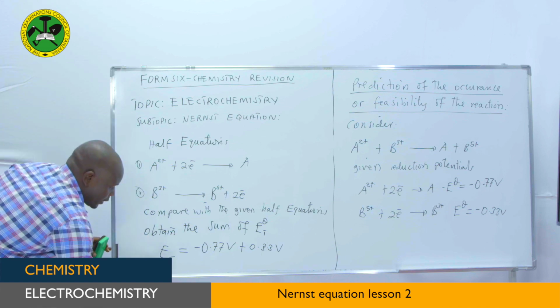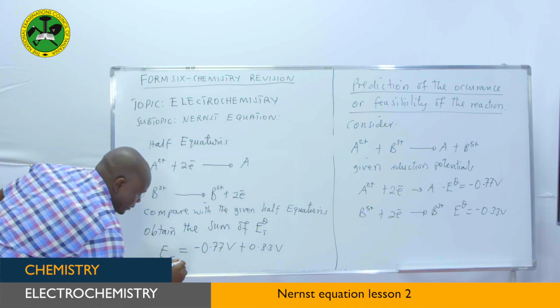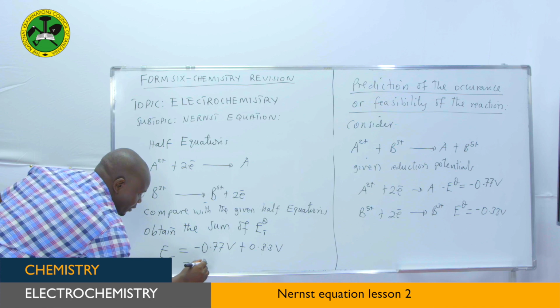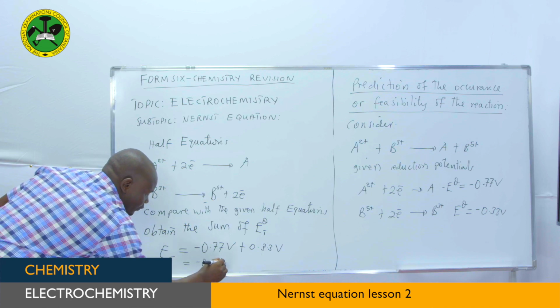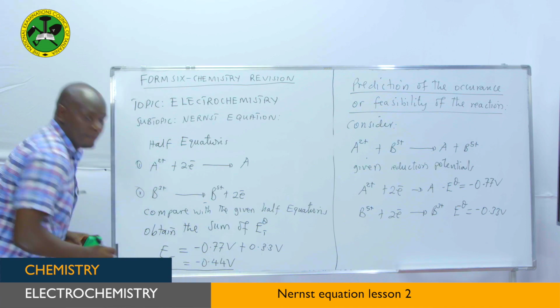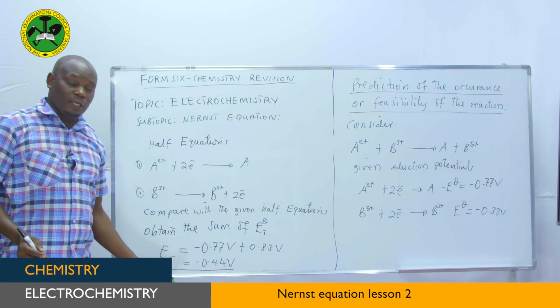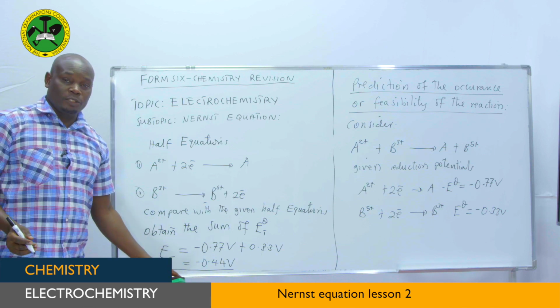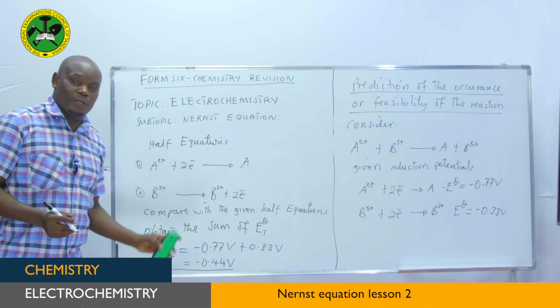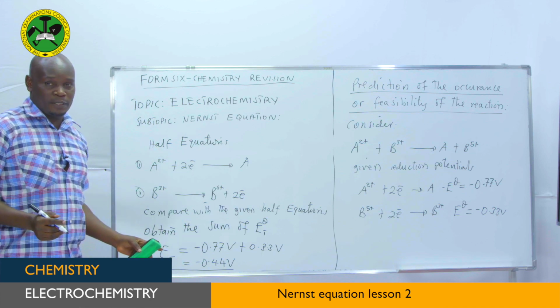So the sum you will get is negative 0.44 volts. After getting the sum of the standard electrode potentials, you can now judge if the reaction will take place or will not take place.